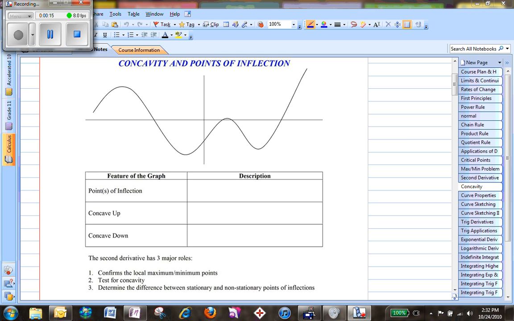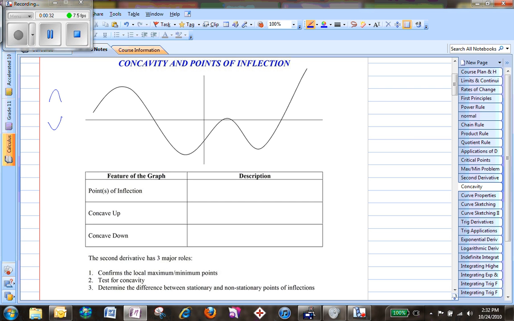Looking at the graph that's on your page right now, you'll notice certain sections of the graph are concave down, kind of look like a sad face like this, or concave up, and look kind of like a happy face. That's the simplest way of saying it.